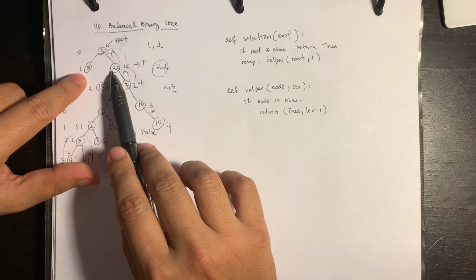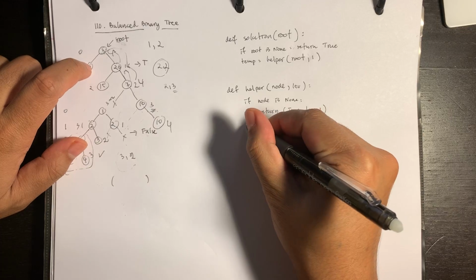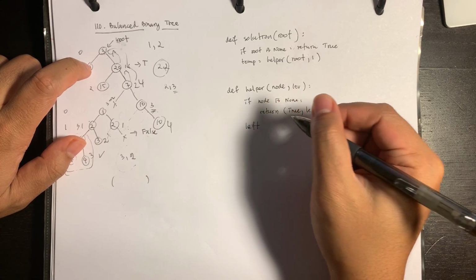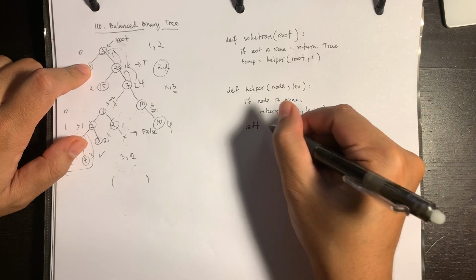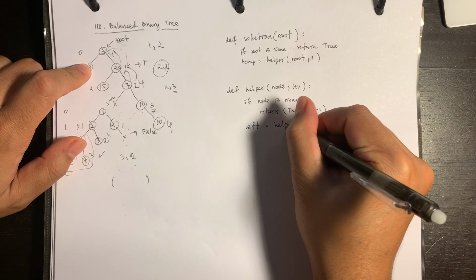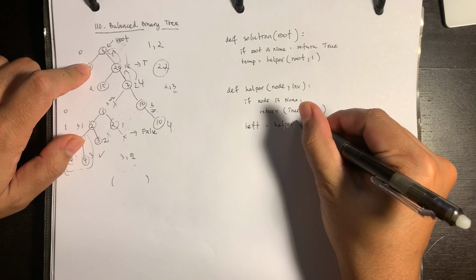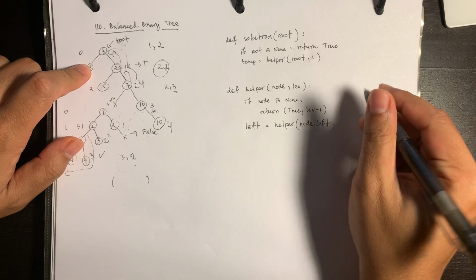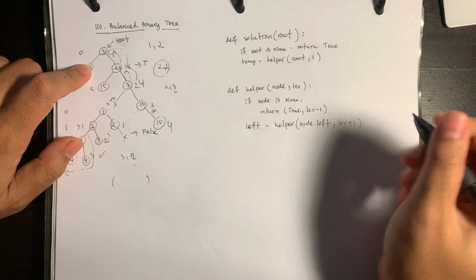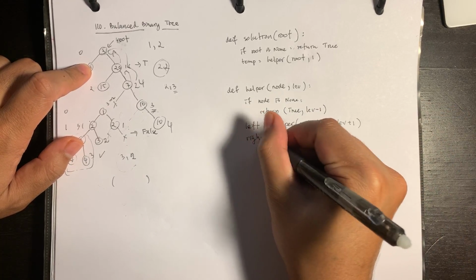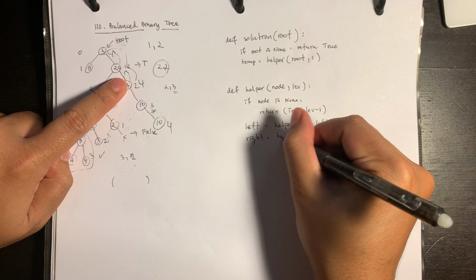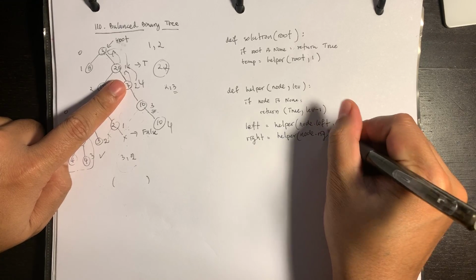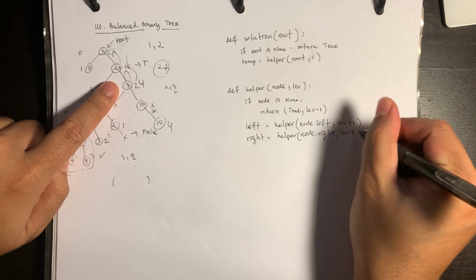So the idea is we want to compare these two nodes, right? So my thought process is I would just do left is equal to helper, and then we do node dot left, and then level plus 1, and then on the other side it's basically right and helper node dot right, level plus 1.